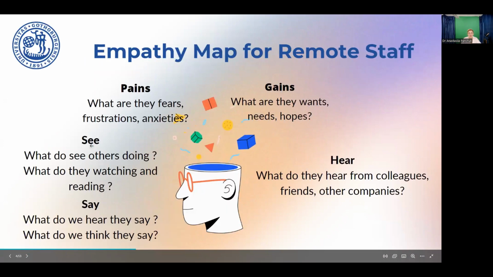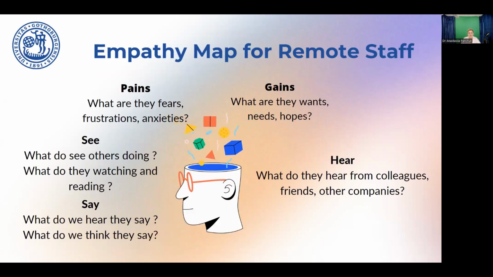To assess the situation and the state of mind of your employees, we propose to use the marketing tool called Empathy Map. But this empathy map should be done for each worker that is going to be a member of the remote team. First of all, you need to identify what your team members are seeing while they're working remotely.